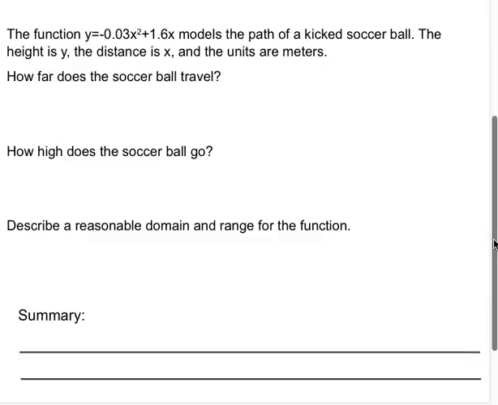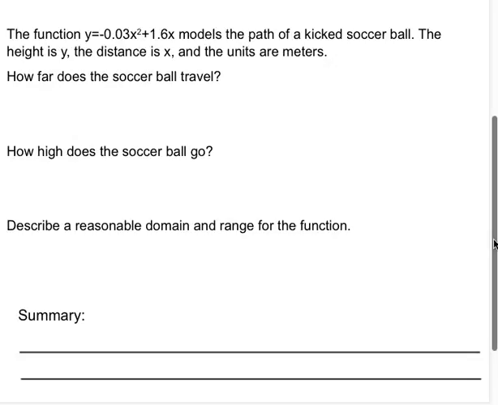So the function y equals negative 0.03x squared plus 1.6x models the path of a kicked soccer ball. The height is y, the distance is x, and the units are meters. We want to know how far does the soccer ball travel?